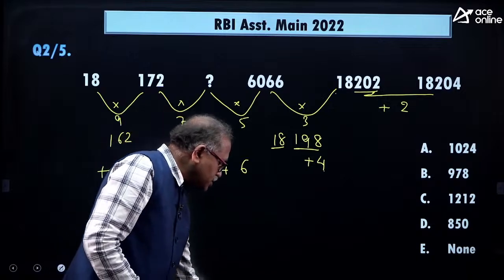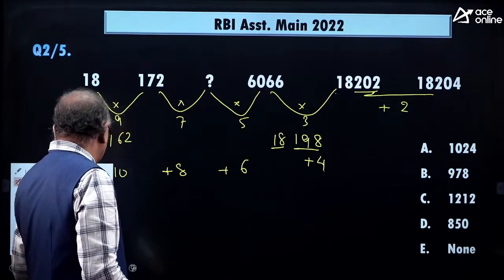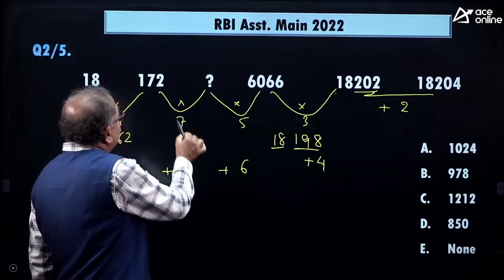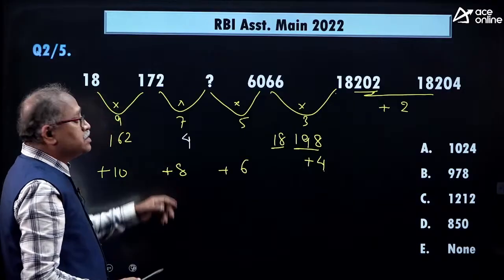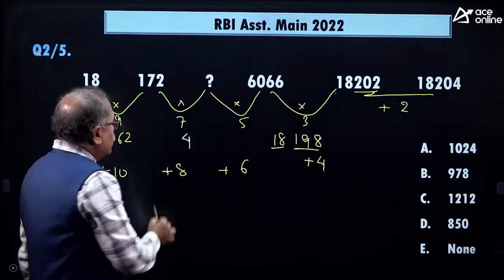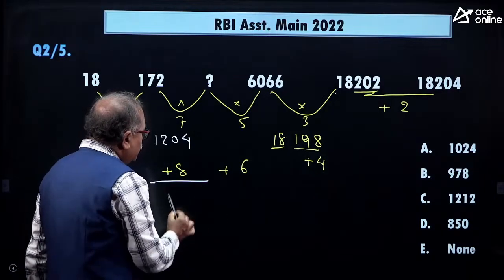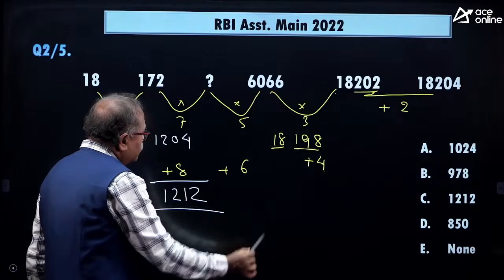Okay, anyone answered it? Not to worry. So it is good, you are getting it over here. So 7 2 is 14, carry 1, and 17 7 is 119 plus 1 is 120, and plus 8 I will be getting this 1 2 1 2.